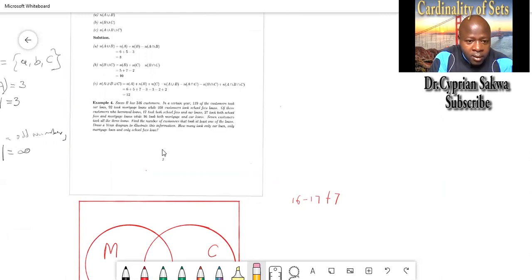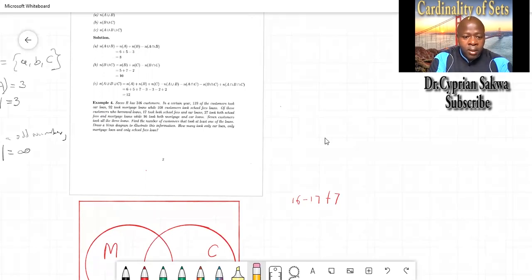But we can see that with this, for 346 customers, 119 took car loans, 92 took mortgage loans, 108 took school fees loans. Of these customers who borrowed, 17 took both school fees and car.